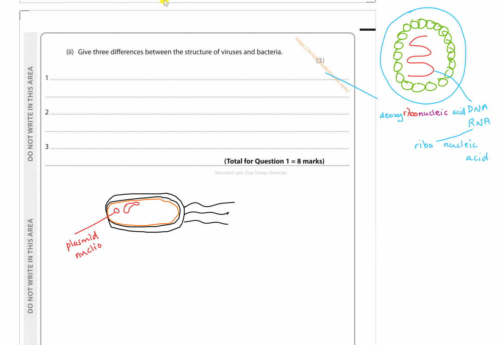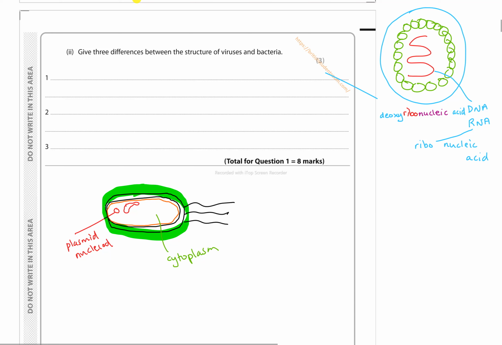It is a nucleoid. You then have a slime capsule around it, and you have cytoplasm there.